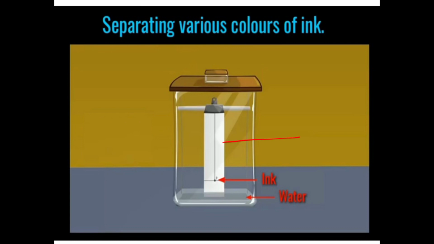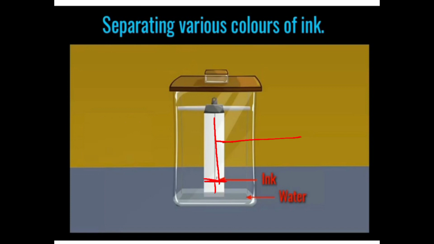As you can see, this is a thin strip of filter paper. We'll draw a line on it using a pencil. As you can see, a line is drawn approximately 3 centimeter above the lower edge. This is 3 centimeter distance, this much.